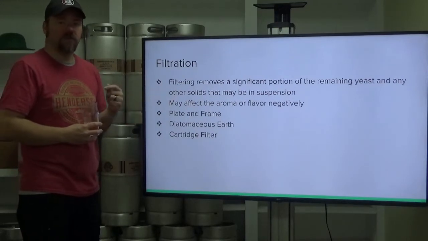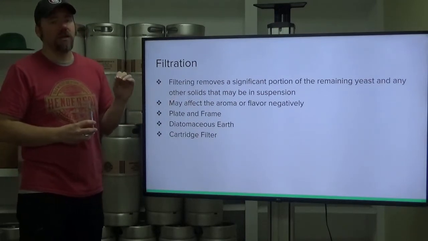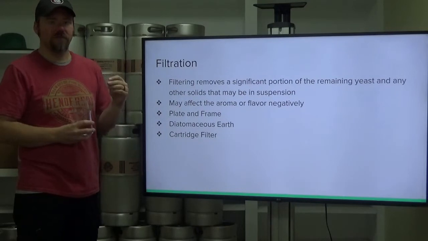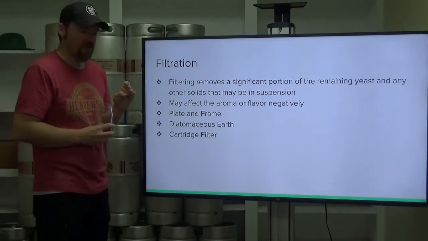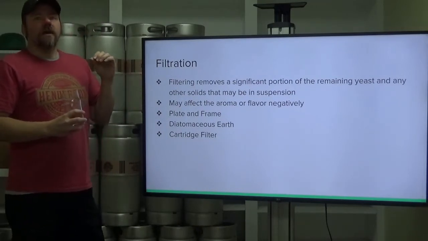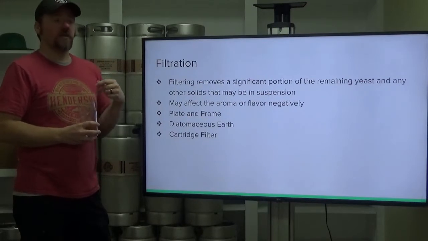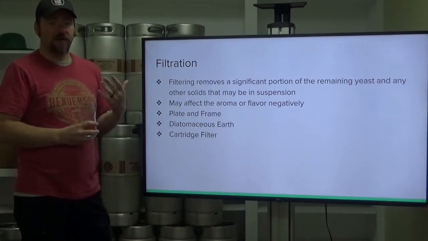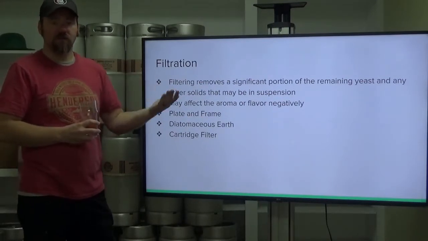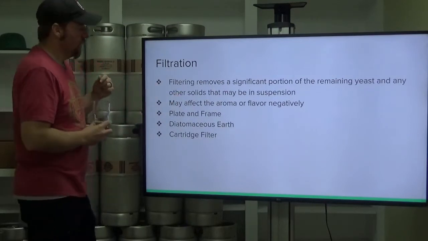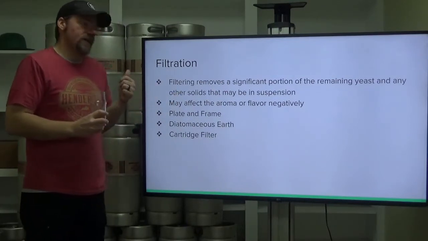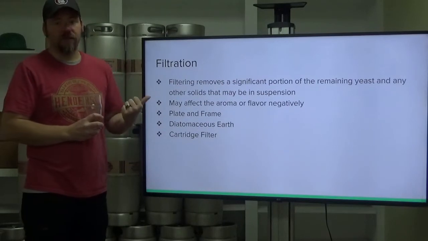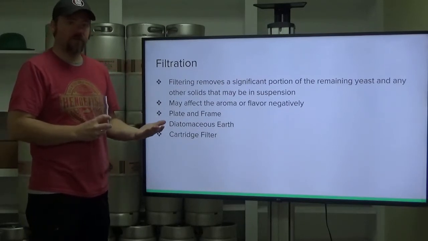So yeah, you're going to filter your yeast out, you're going to filter possibly any bacteria, although the filters are probably going to be larger than the bacteria itself. But it's not just going to affect the yeast, it's also going to affect potentially some flavor active compounds, and it could affect the flavor of your beer in a negative way.